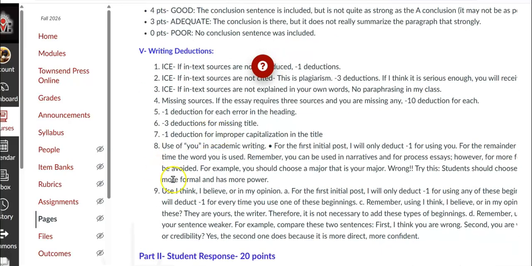Do not use you in academic writing. Absolutely never. If you are in a creative writing class, go ahead and use you. You is to me like going to a job interview and they're saying, well, how are you doing today? And I say, I'm good. Now, I'm saying I'm doing well or I am well. I wouldn't hire you. So you to me is just don't use it.